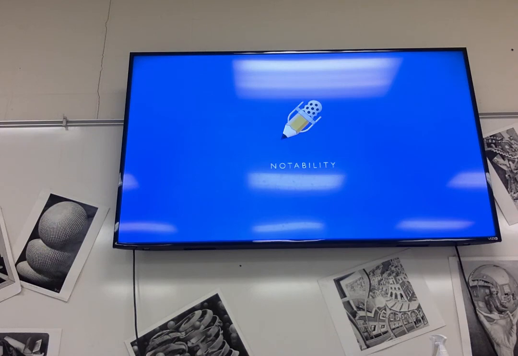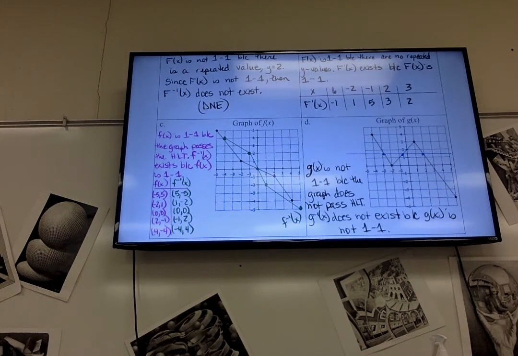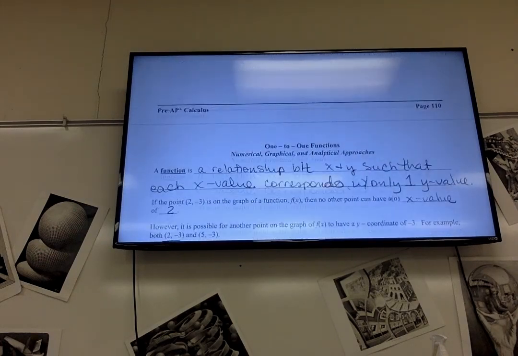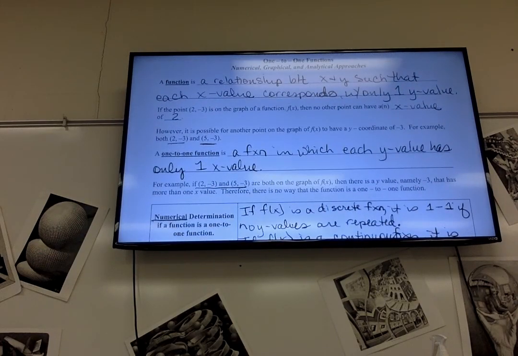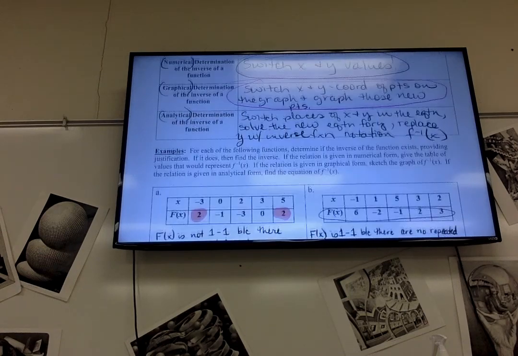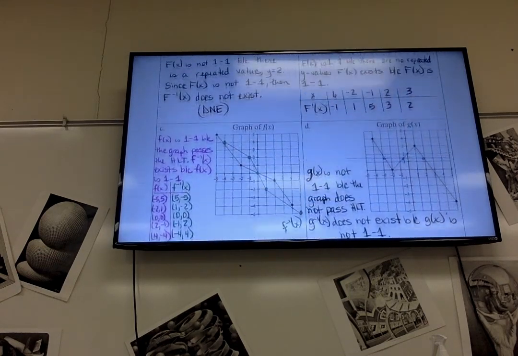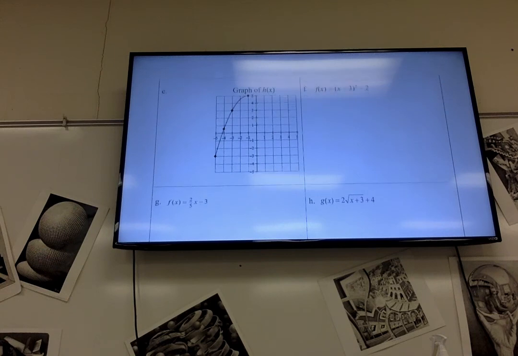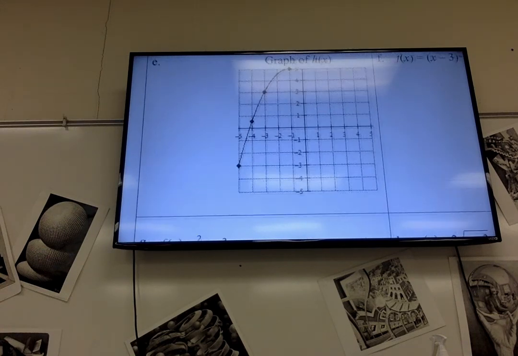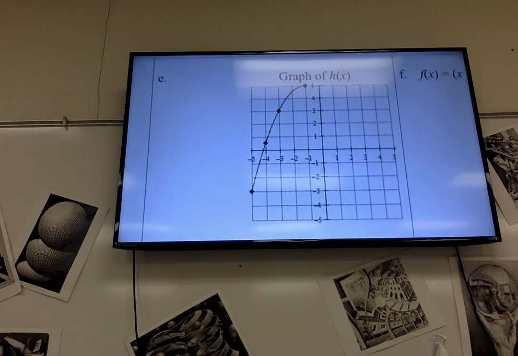So today's stuff, we're going to pick up where I left off yesterday. If you didn't do what we did yesterday, you're going to start off just a little bit behind. We talked about one-to-one functions and how to find these numerically and graphically. So we are on, I guess, the second page.